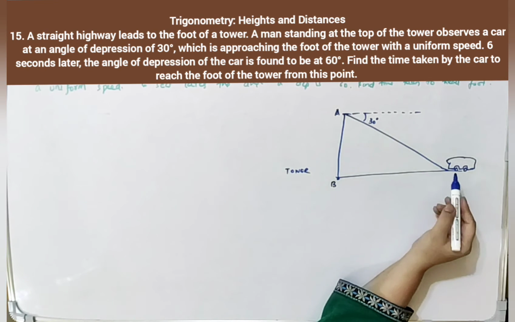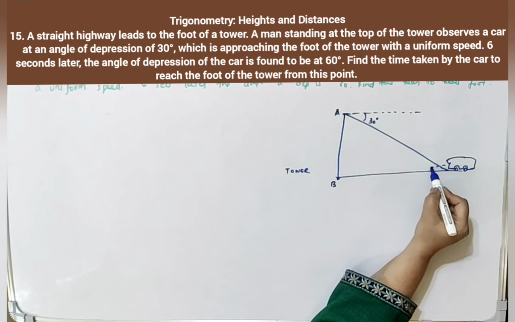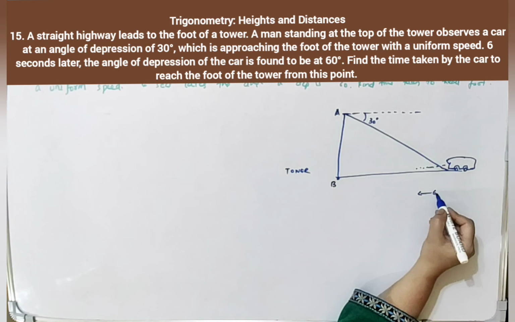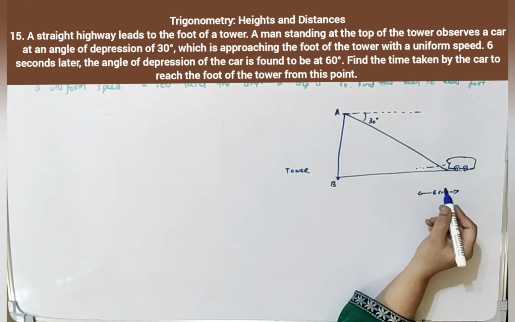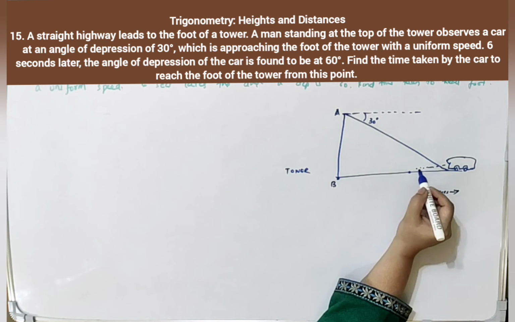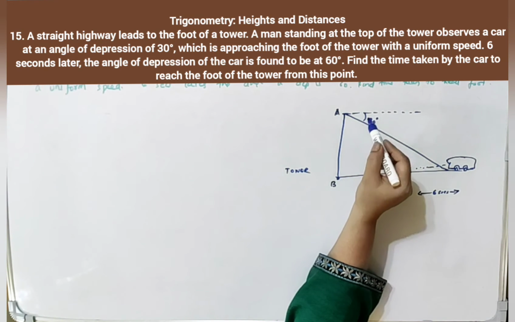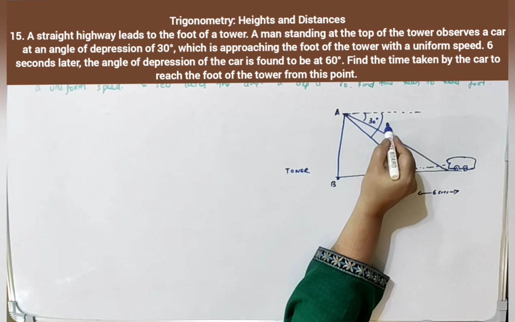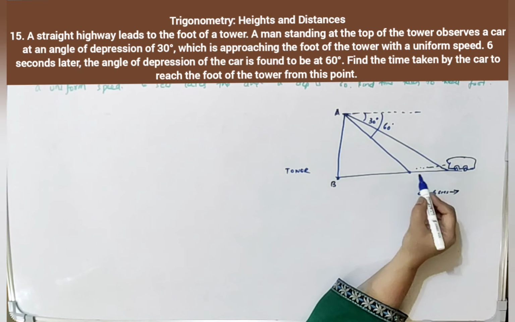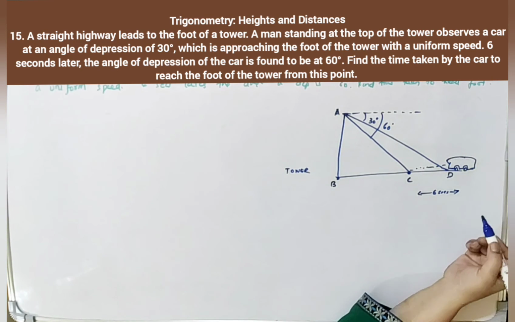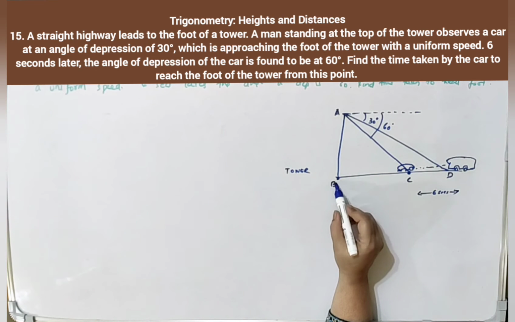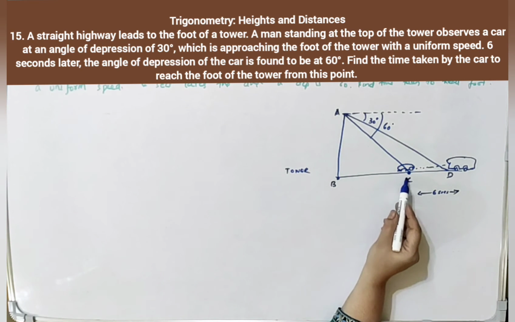Now the car is approaching towards the foot of the tower, right? After 6 seconds of time, the car will reach one point where the angle of depression changes to 60 degrees. So this angle will be 60 degrees at this point. Let's call it point C and this D. The question is, how much time does it take for this car to travel to the foot of the tower from this point?